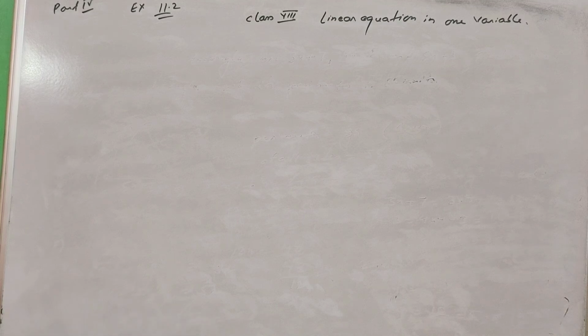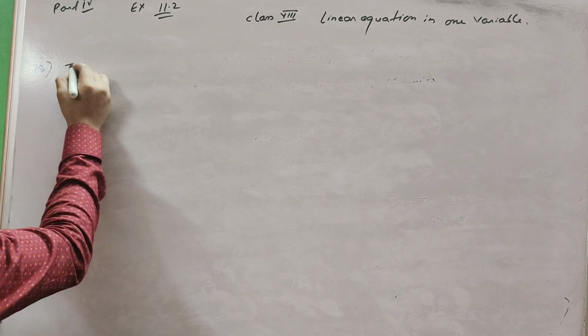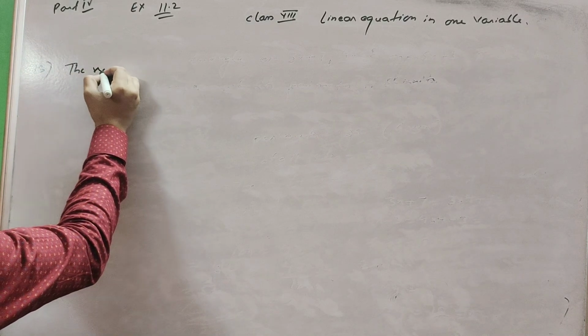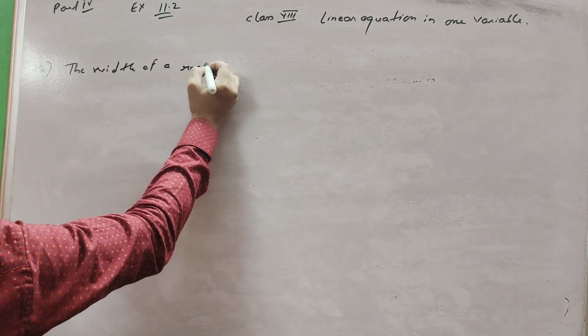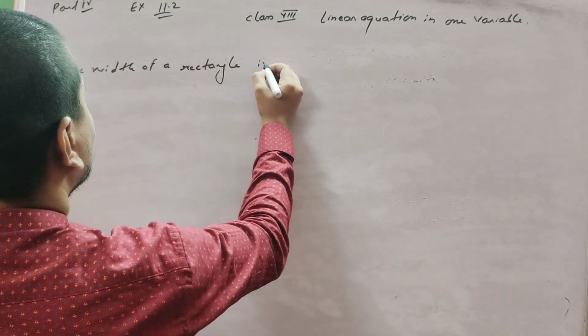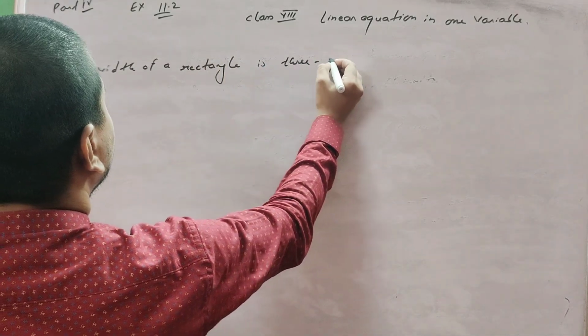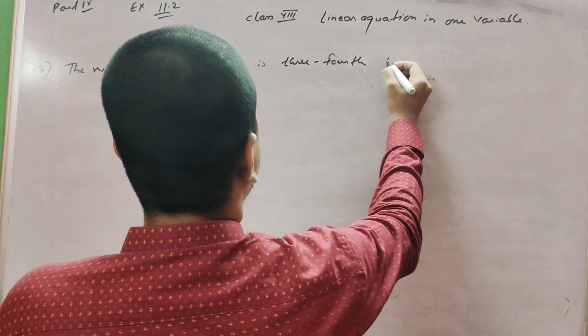Now it's time for question number 13. In question number 13, the width of a rectangle is 3/4 the length.